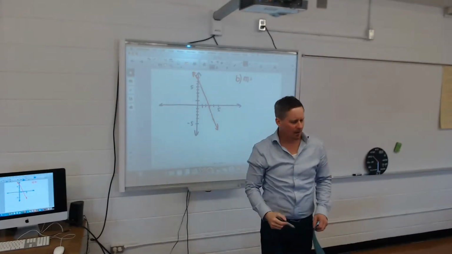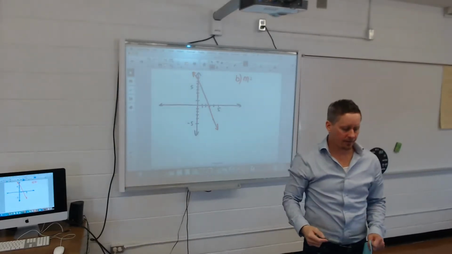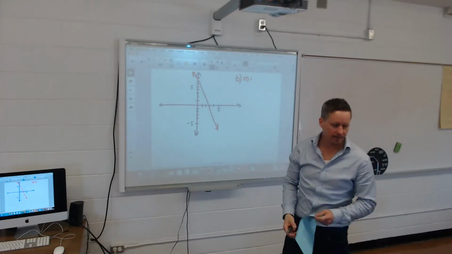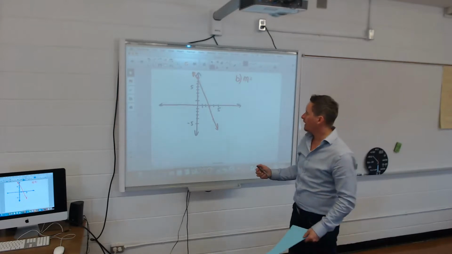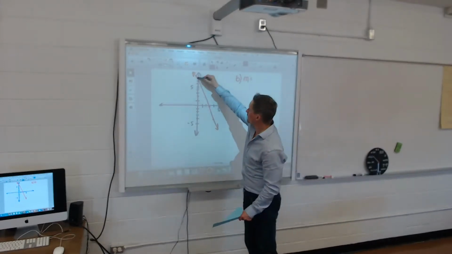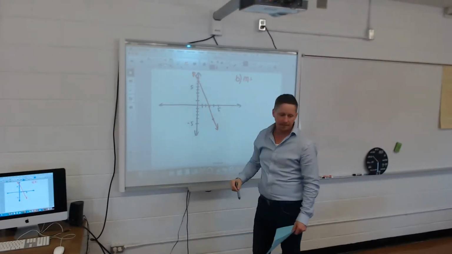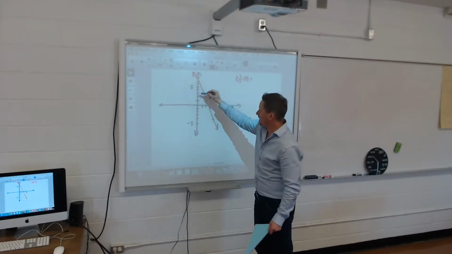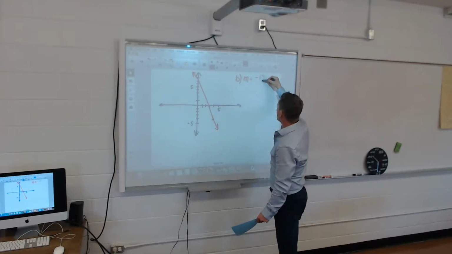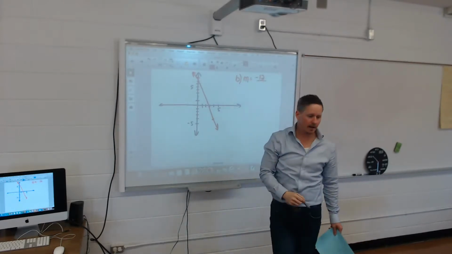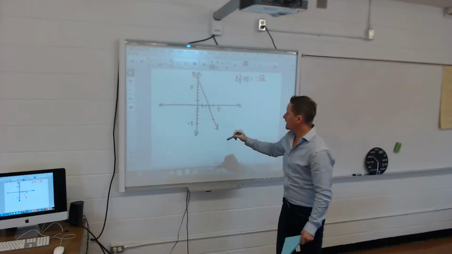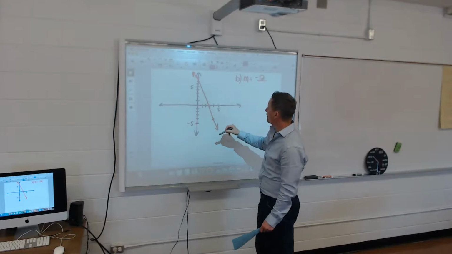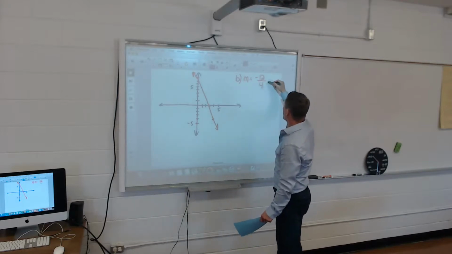Because I gave you the graph, I would use the graph to find the slope by actually calculating it by just counting. My rise. If I'm going from 0 and 8 down to here, how far down do I go? Well, I counted all the way down. I go 12 down. So minus 12. And then once I get to right here, how far right do I go? I go 4 to the right.